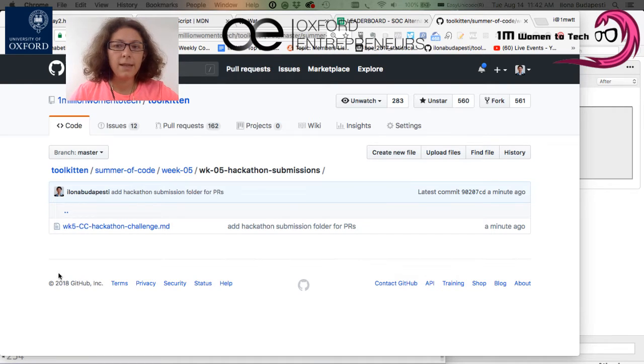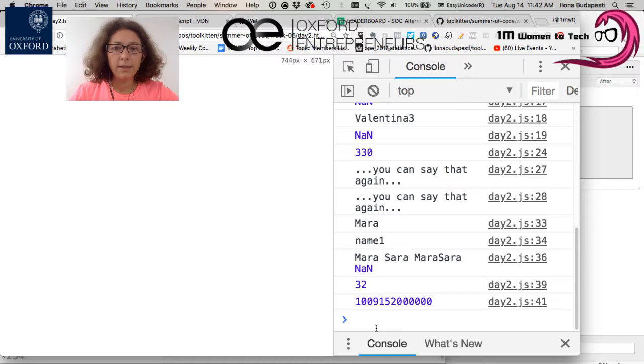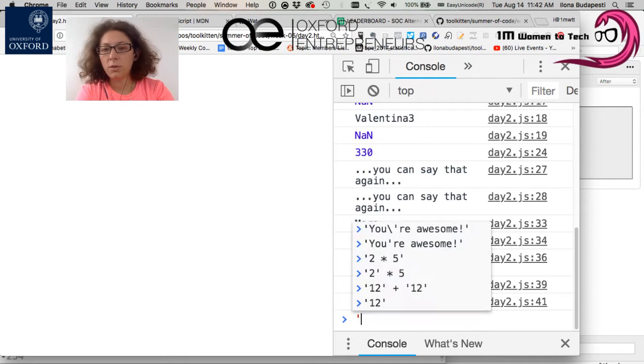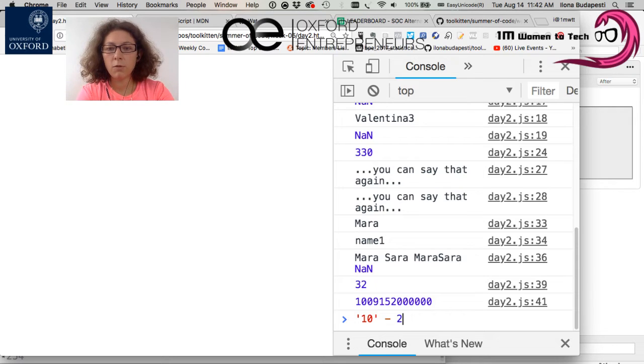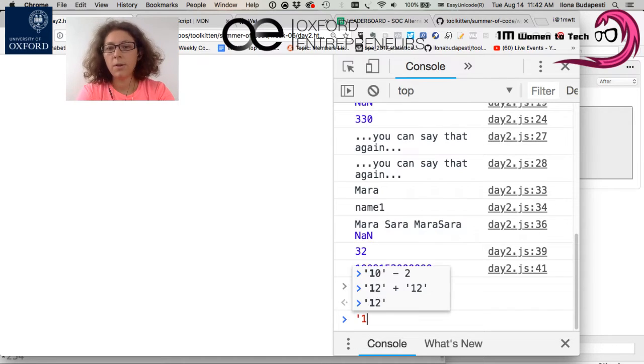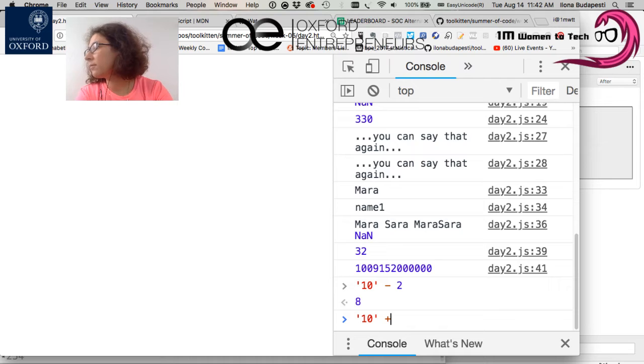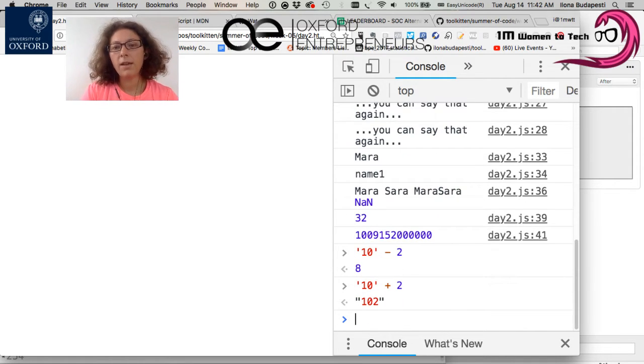Okay, Ramila says, why is it that... let's look at Ramila's examples. They're really good. 10 minus 2 does the type conversion and we get 8, but 10 plus 2 doesn't. It's because the plus operator and the minus operator, these are called operators, have different implicit type conversions. What an English sentence, huh?